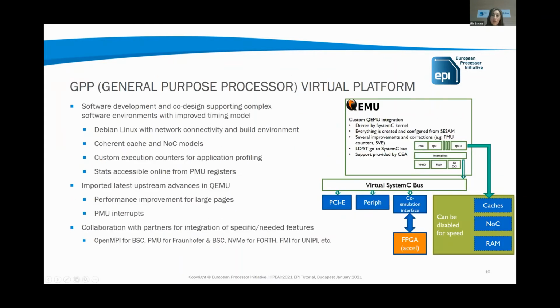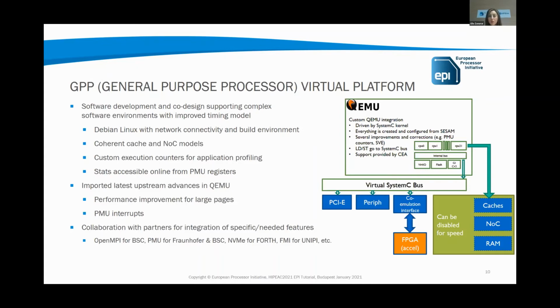To address these challenges, we made some specific developments in VPSim with a special focus on cache model, coherency and NoC. We also made the choice to structure the simulator around QEMU, as represented in the figure here.